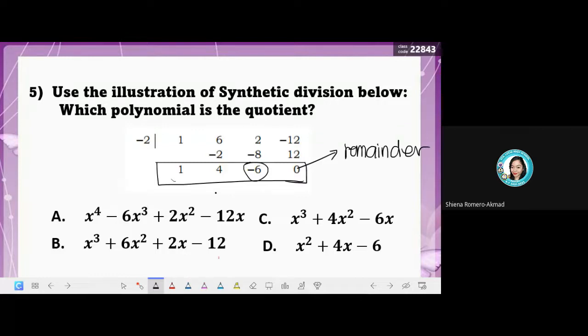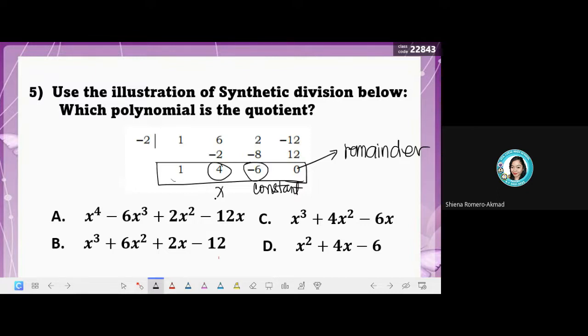Yung negative 6, ano siya? Anong tawag natin sa kanya? Siya yung magiging constant, correct? And yung positive 4 is the numerical coefficient ng ano sunod sa constant?